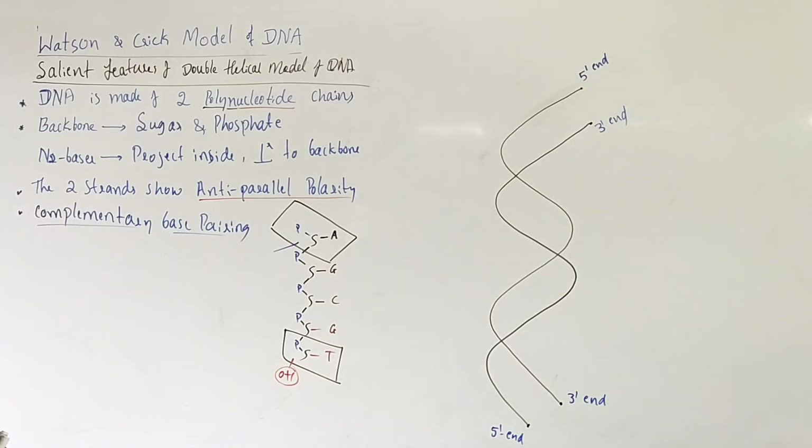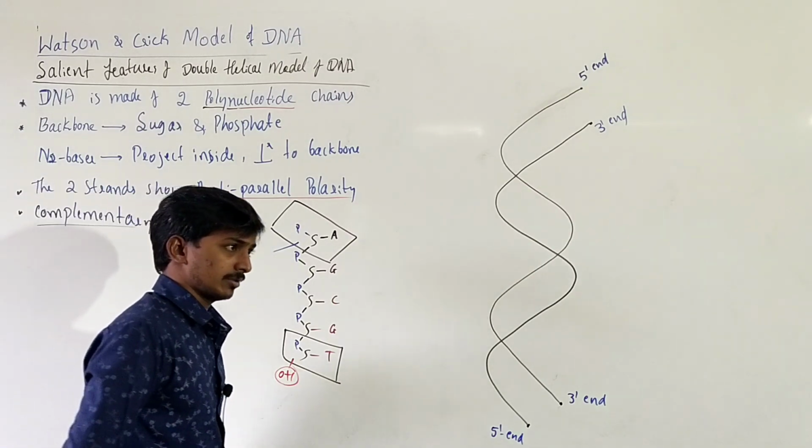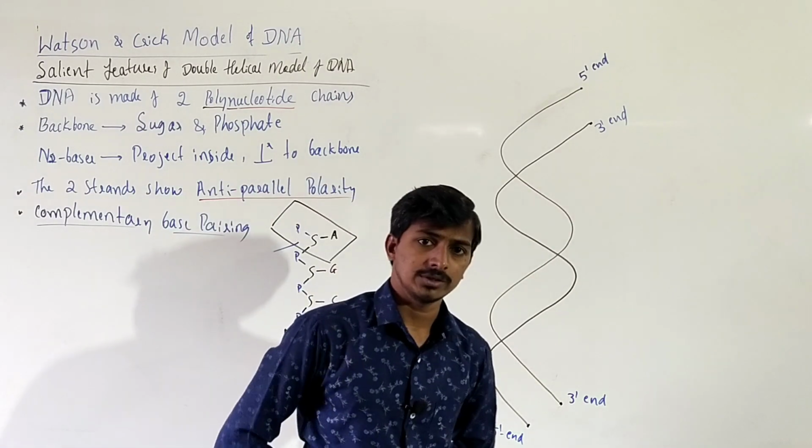Among the 4 nitrogen bases, adenine always binds with thymine by forming 2 hydrogen bonds, and guanine always makes 3 hydrogen bonds with cytosine.